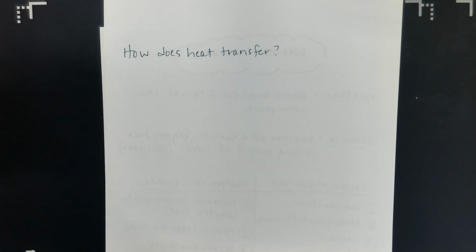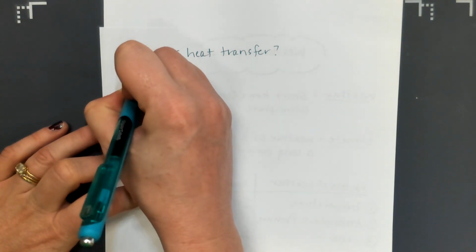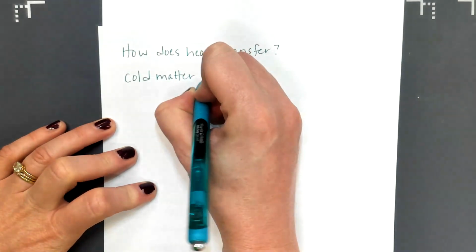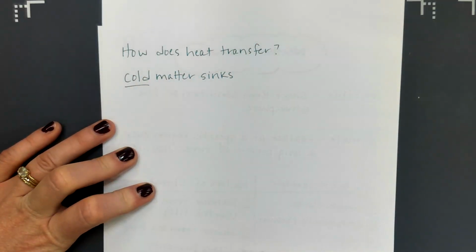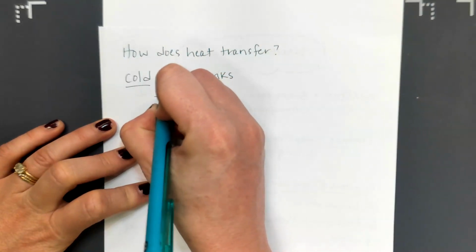When we talk about weather and climate, we're usually talking about the air, or the atmosphere, or the ocean. So cold matter sinks, and the reason why is because it's denser.